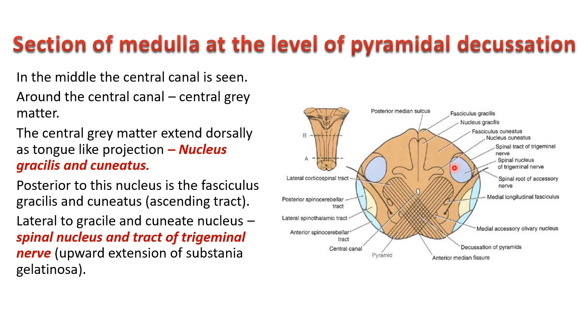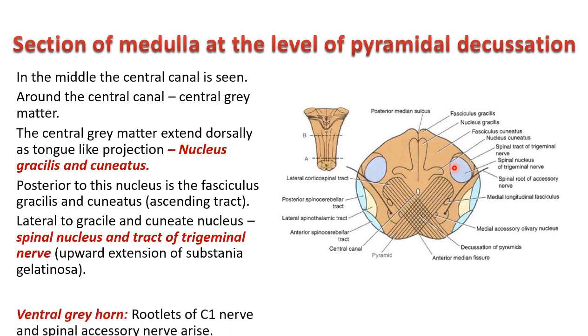Whereas one more nucleus I told you, the mesencephalic nucleus of trigeminal nerve, is situated in the midbrain, and that is concerned with receiving proprioceptive impulses from your muscles of mastication, and also from your extraocular muscles.